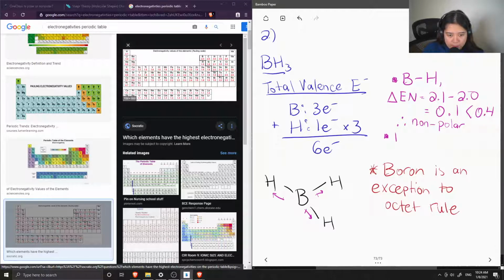So we also have a nonpolar molecule. This is because it's symmetrical and because the bonds are nonpolar as well.